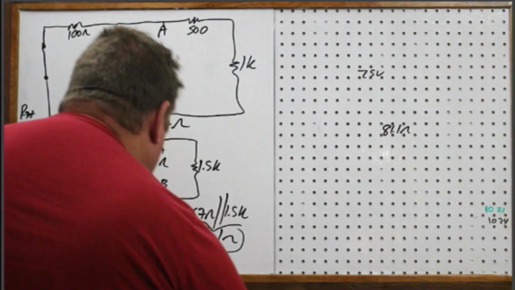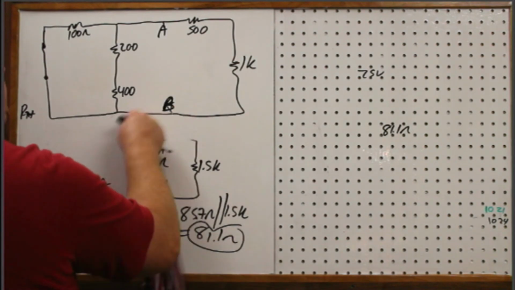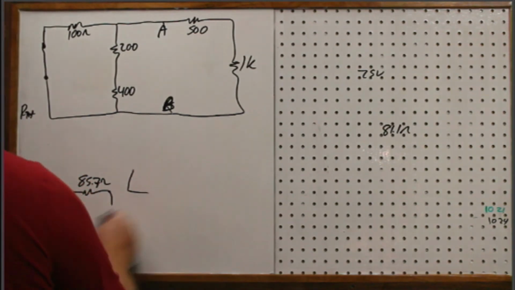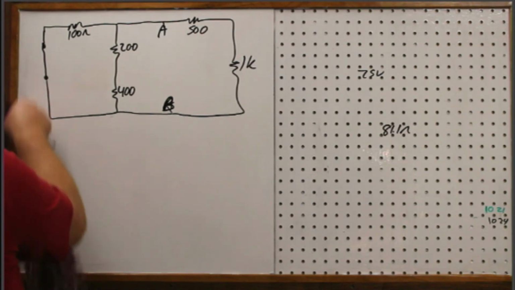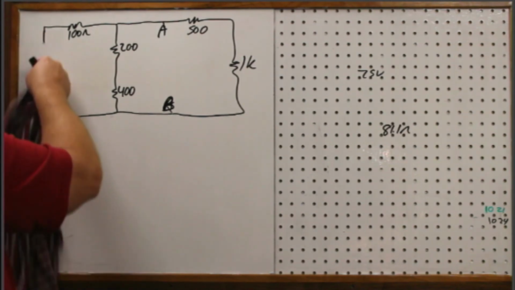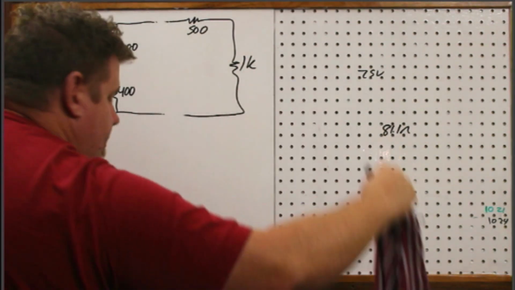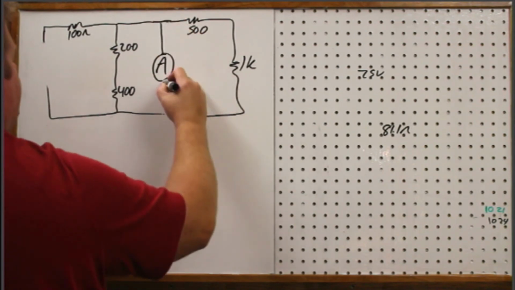ohms. Now, I'm going to come back up here. And this is going to be interesting. Okay. So I need to put the source back in, get rid of A and B. And remember what I do here. I'm putting a short in by essentially putting an ammeter.